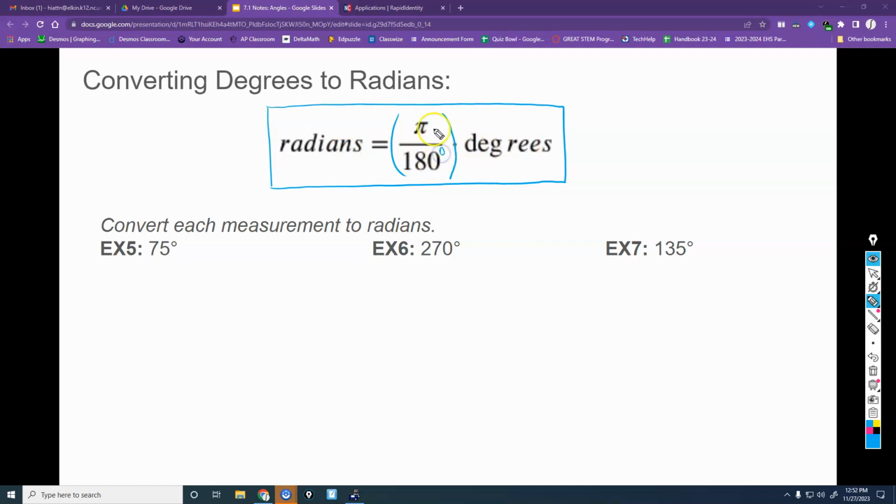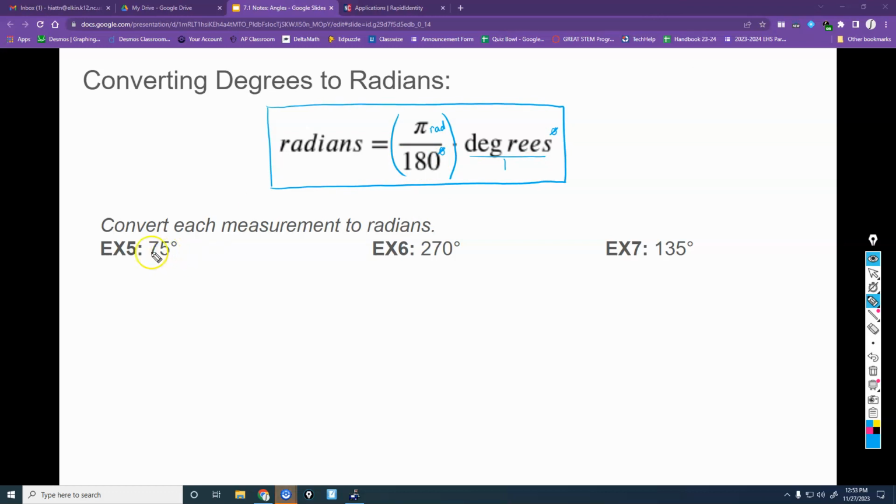That 180 is our degrees, the pi is our radians. And so if we multiply this by our degrees, and that's not a fraction, so we could put it over 1, then we would have degrees up here on top with degrees down here on bottom, and those degrees would cancel out, leaving us with radians. So if you're multiplying by degrees, you need this right here to have the degrees on the bottom. The 180 is the degrees.